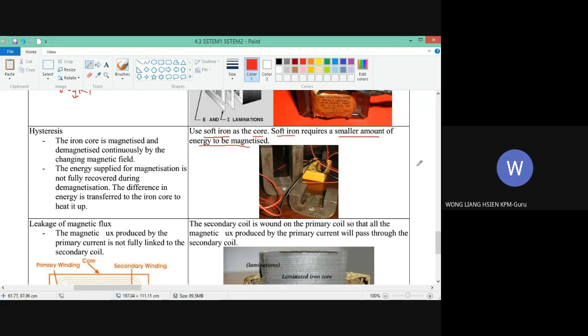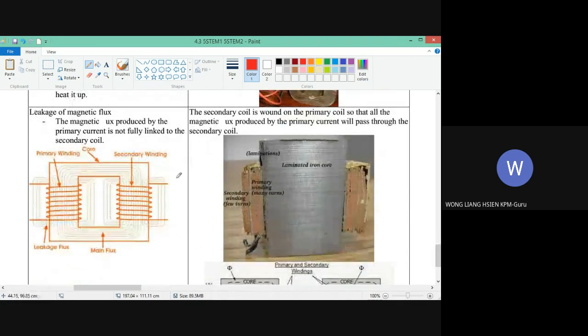Okay, so this is hysteresis. Next is leakage of magnetic flux, like what you can see. The magnetic flux produced by the primary current is not fully linked to the secondary coil.